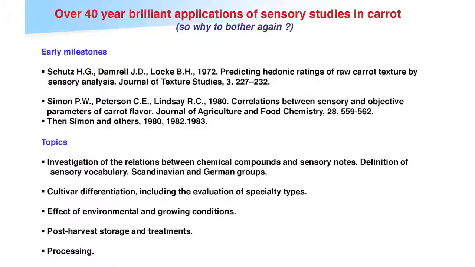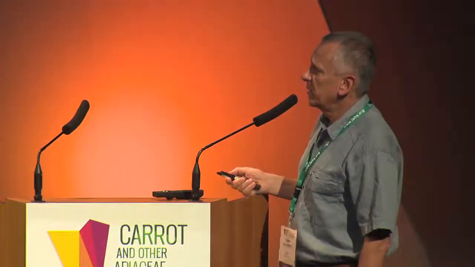There were pioneer studies for the main respects of sensory evaluation, so texture and flavor. The group of Simon was pioneering this, and they did some of the very early contributions to these topics. And why was sensory evaluation applied to carrot? For several aspects you see here.